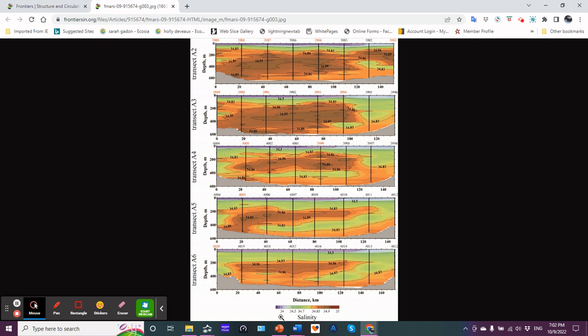And you notice that it's going from 33.5 to 35, only a difference of 1.5 practical salinity units. But as I keep trying to stress, it doesn't take much difference in salinity to drive thermohaline flow. It really doesn't. But what we see here is that mixed surface layer right up here. This is where we see some of the lowest salinity values.